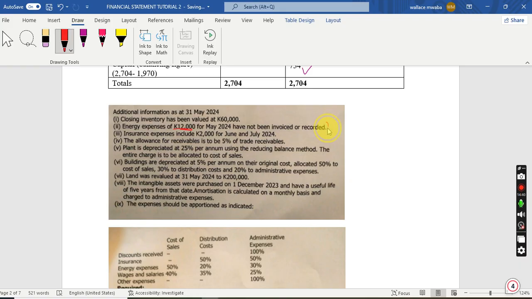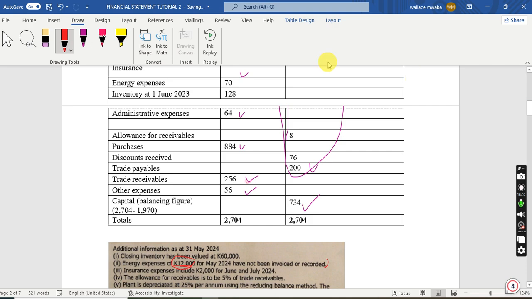So we need to record these. We assume it's been recorded, done the double entry, debit energy expenses 12,000. So this 12,000 we're going to add to this 70,000 from our trial balance.